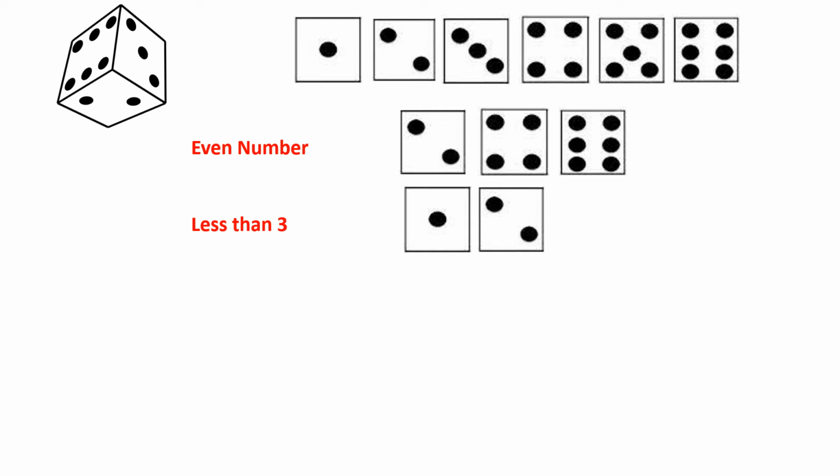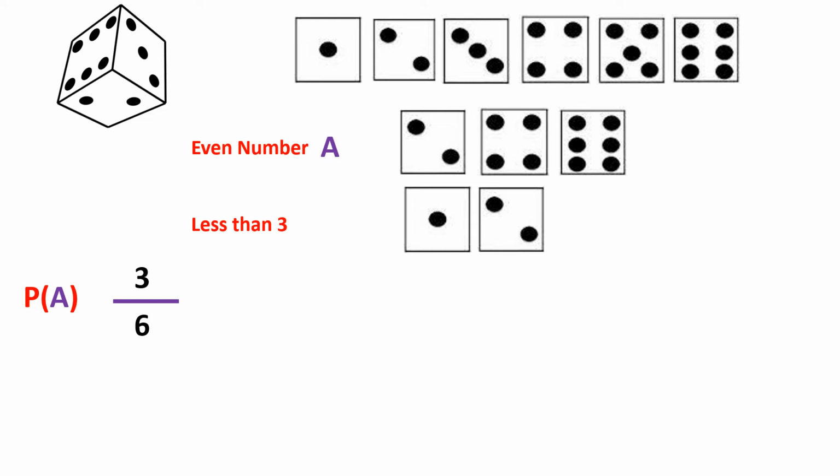Now if you have to find the probability, let's give this event the name A. Then the probability of A, which is having an even number, will be equal to the number of all favorable outcomes divided by all possible outcomes.